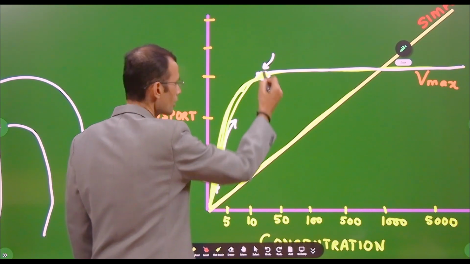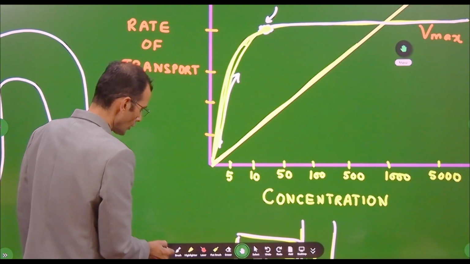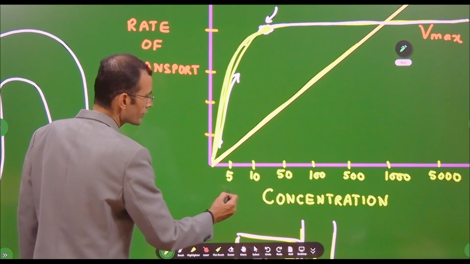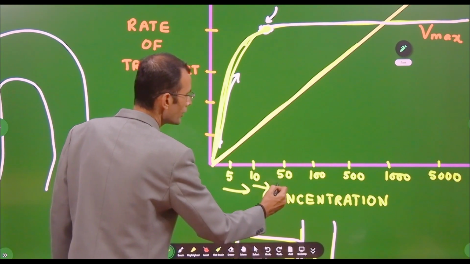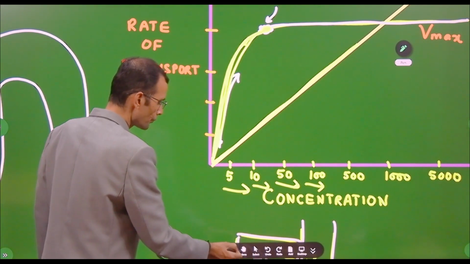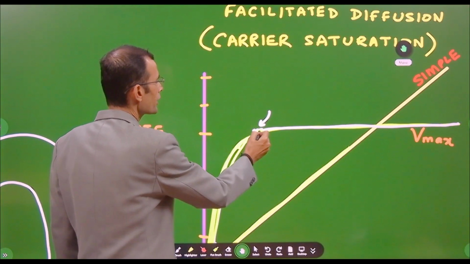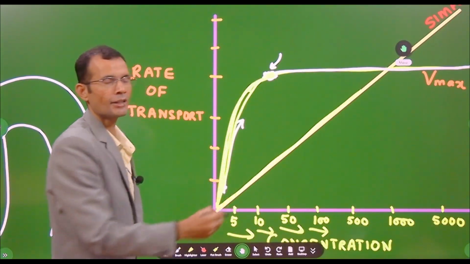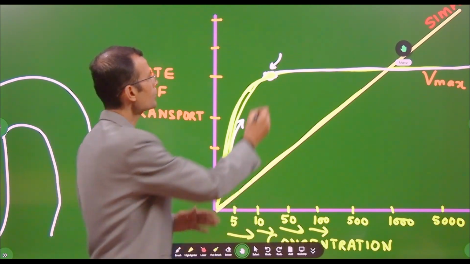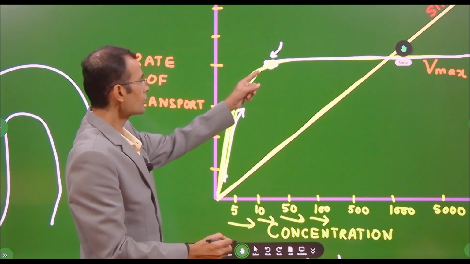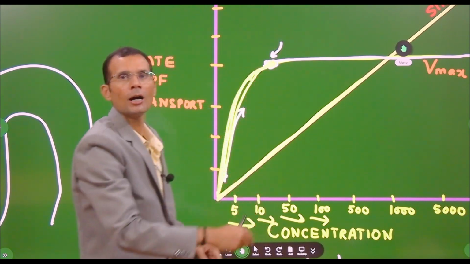But beyond a certain point, you can see here now, concentration was increased on one side, 5 to 10 to 50 to 100. At certain concentration, the carrier is getting saturated. Means that much will be the maximum rate of transport. Beyond that, it is not going up.